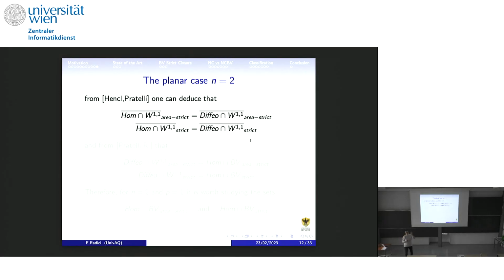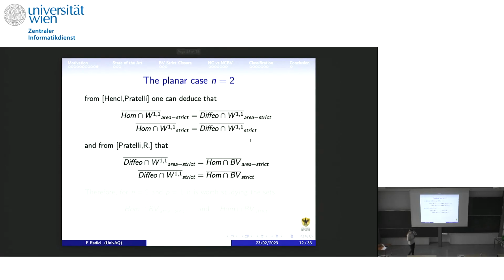From now on, we will just talk about the planar case. So in the plane, it was already quoted this week by Alexis and Barbara, I guess, there is a super interesting diffeomorphic approximation result that says that any homeomorphism in W^{1,1} can be approximated strongly in W^{1,1} by diffeomorphisms. But clearly, strong topology W^{1,1} implies both area strict and strict. So these two closures clearly coincide.